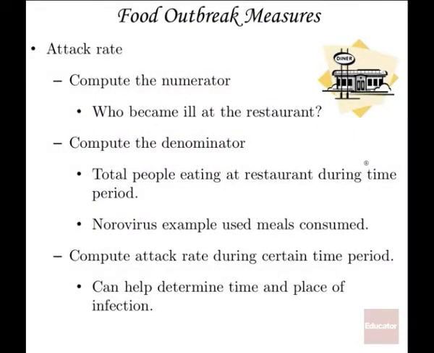And the food outbreak measures then are both the attack rate, and we do the attack rate to tell us the extent of the disease and how serious, what the numbers are who were exposed and the numbers in relationship who developed the disease. So when we have a really high attack rate, then we're pretty clear that, A, it's a serious infection.